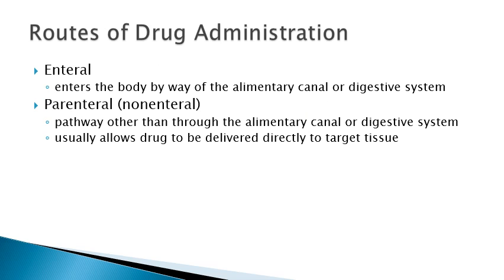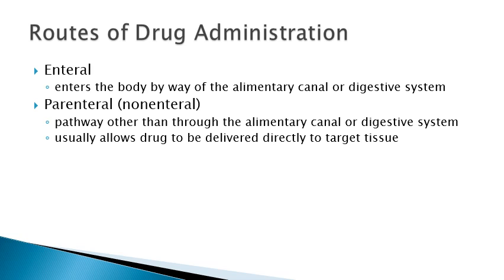We look at routes of drug administration, so various ways that drugs can enter the body. Enteral means it enters the body by way of the alimentary canal or digestive system. Parenteral is a pathway other than through the alimentary canal or digestive system. The parenteral, or what they also call non-enteral, will allow a drug to be many times delivered directly to the target tissue.